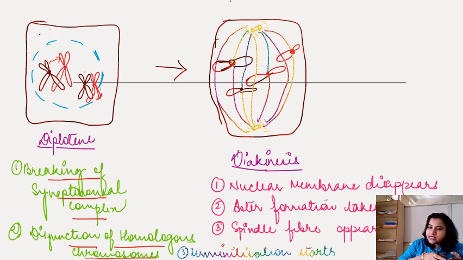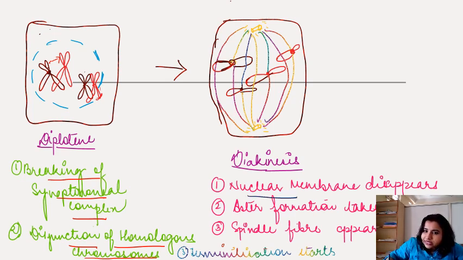It is in the diplotene stage. So in diplotene, there is a breaking of the synaptonemal complex plus disjunction or separation of homologous chromosomes, right?